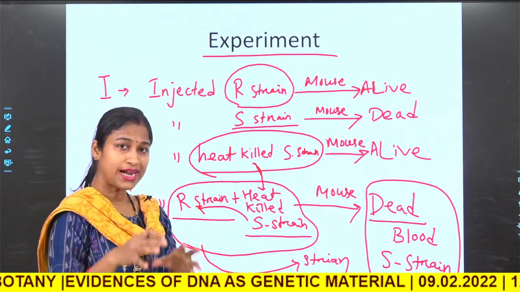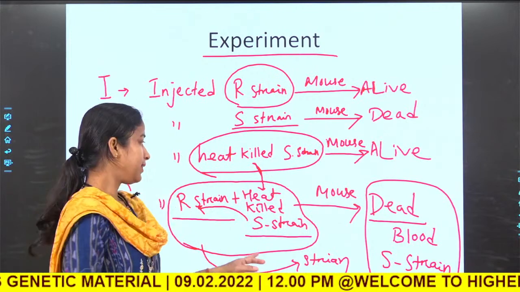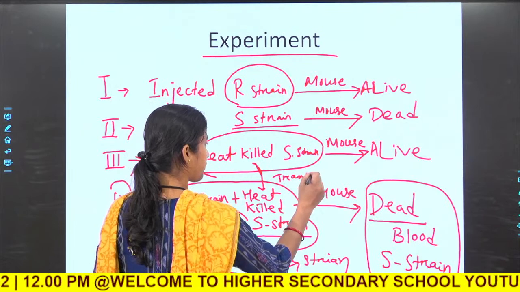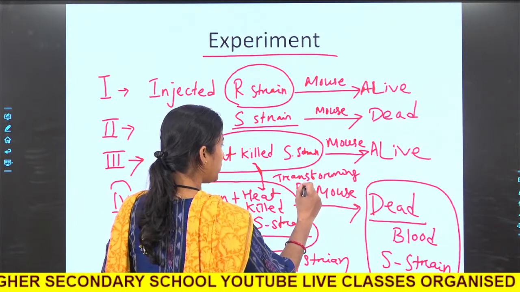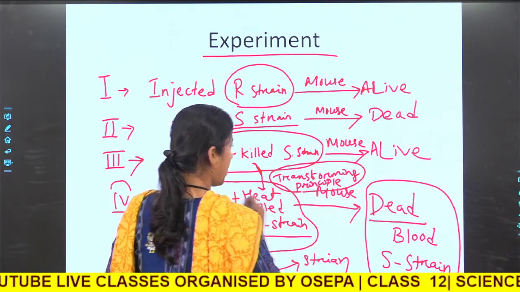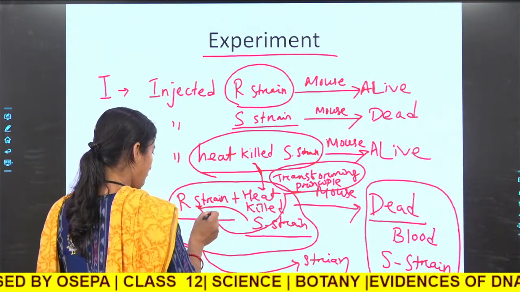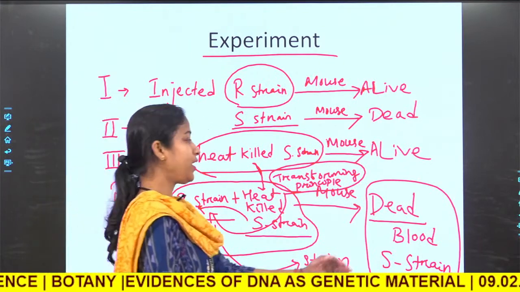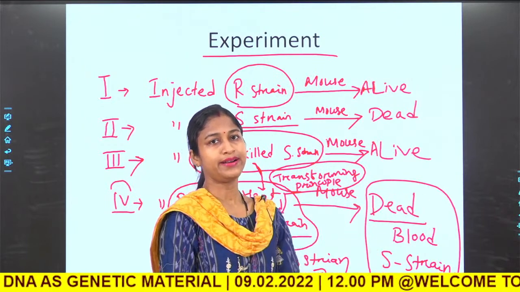So that's why Griffith concluded that there must be a transforming principle. He couldn't explain what it was. He just explained that there must be a transforming principle which converts the R strain into the S strain, and that is why we are getting S strain in the blood of all the dead mice.